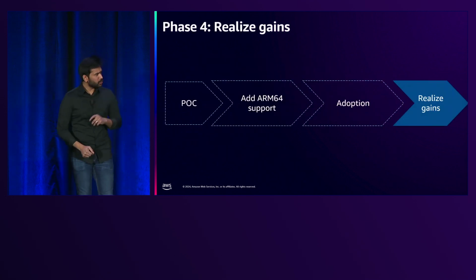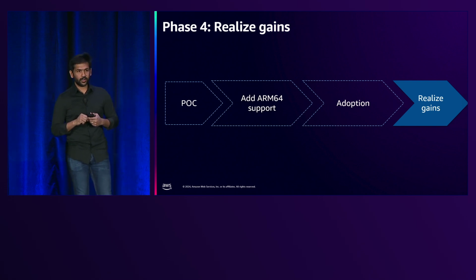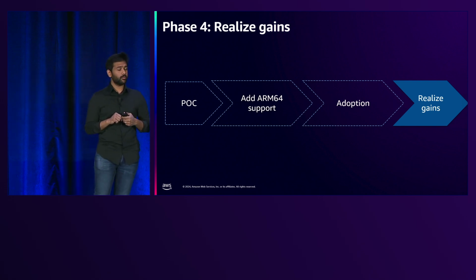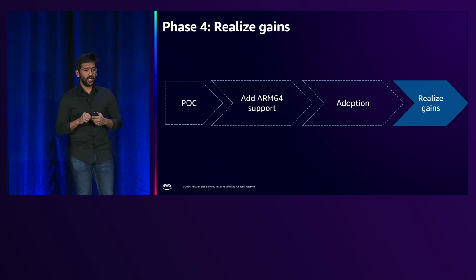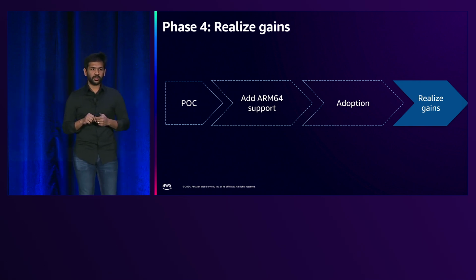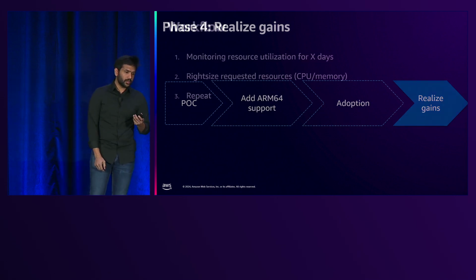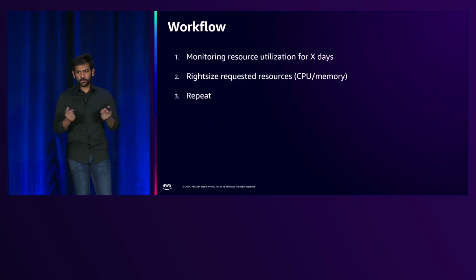All right, the most important piece. Now, Graviton says that it's very cost efficient. The resource utilization is much more minimal, and it is supposed to be helping us reduce the resource requests from all our applications. So the workflow is pretty straightforward.